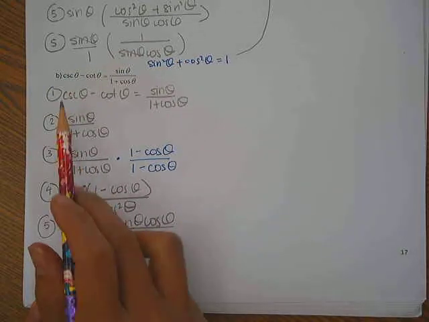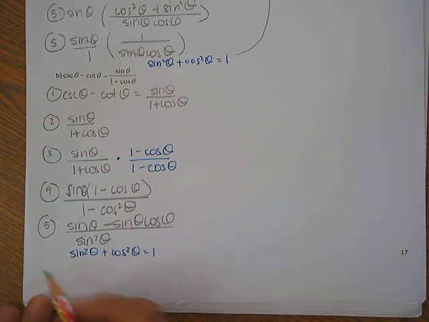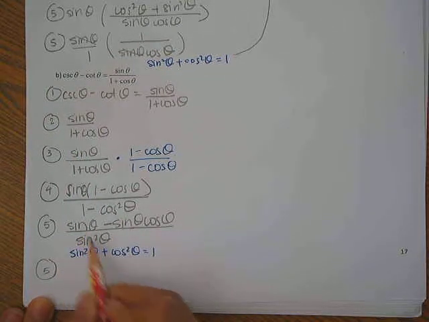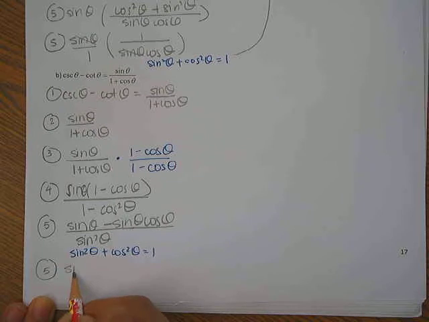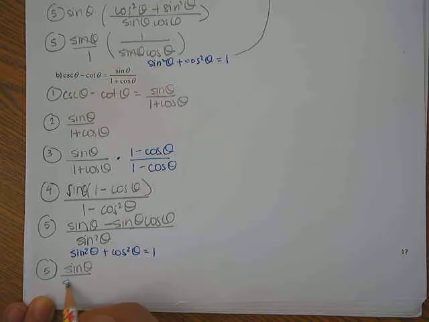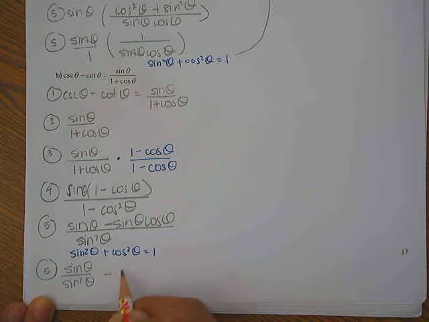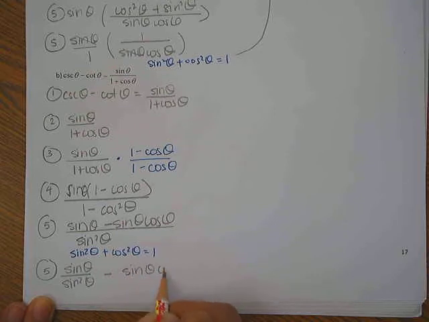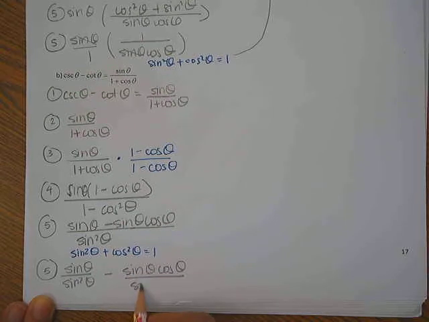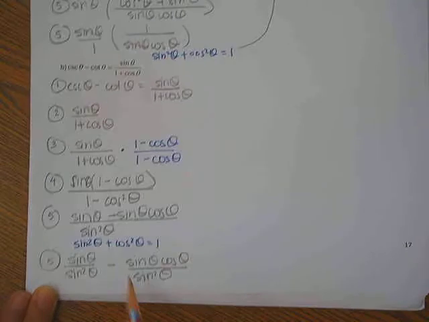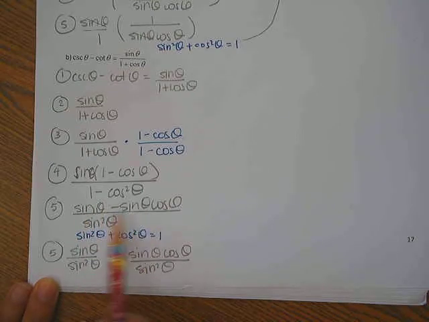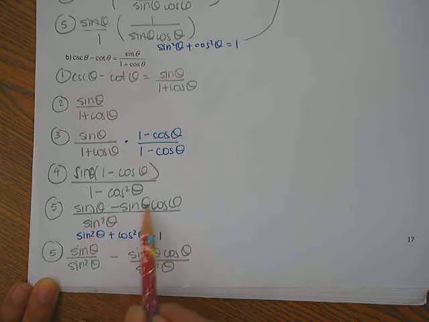Then the next step, what can I do? My goal is to get to cosecant and cotangent. So from here, I'm going to split this up into two terms. Sine of theta all over sine squared of theta minus sine of theta cosine of theta all over sine squared of theta. Notice how when you have a subtraction or addition in the numerator and one denominator, you can make it into two terms. Technically these are just over the common denominator of sine squared.